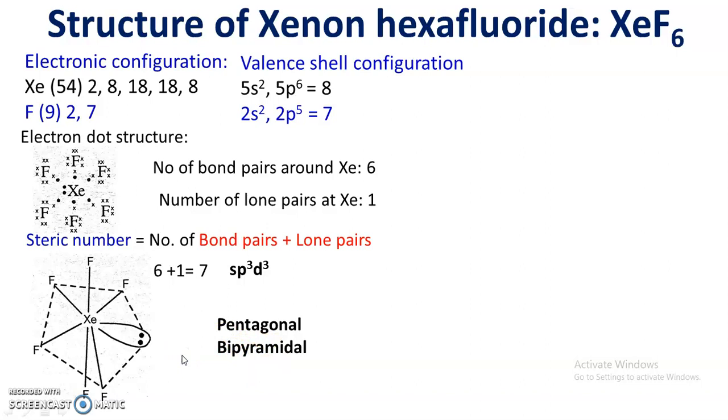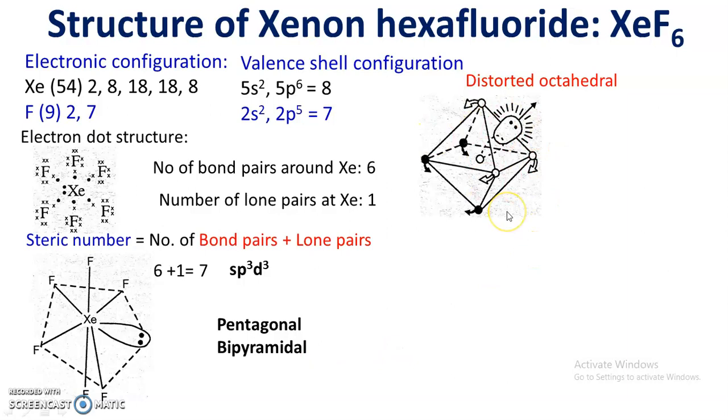This is the best arrangement, with xenon at the center and 6 fluorine atoms at 6 positions as shown here, and one of the positions of the pentagonal bipyramidal is occupied by the lone pair of electrons, and this gives the distorted pentagonal bipyramidal structure. This is not regular but a distorted pentagonal bipyramidal structure.